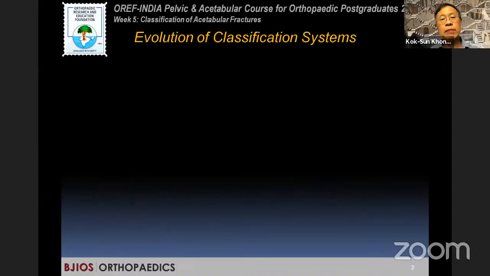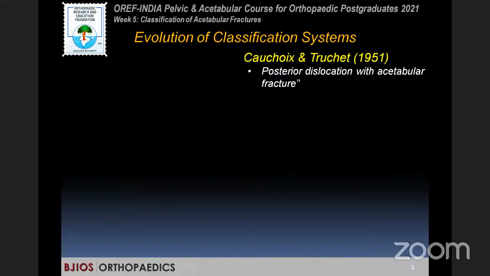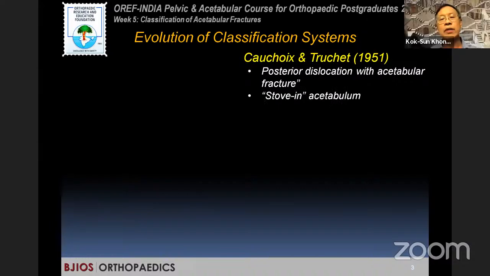Let me go through a little bit about the evolution. There have been many classification systems over the years. It started in France, reported by Dauchot and Trochet in the French Society of Orthopedic Surgery, and they described basically a posterior dislocation with an acetabular fracture. They also described something called a stove-in acetabulum, which we know as a stove-in pelvis.